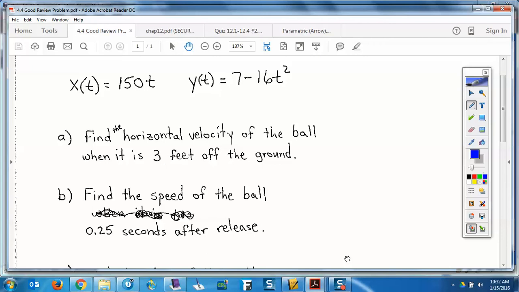Those things that are in our notes. So if you want to double check with someone, go ahead. Okay.